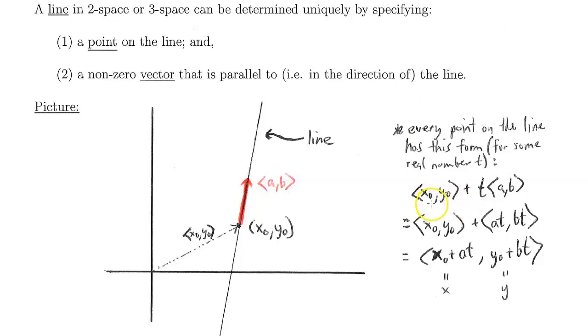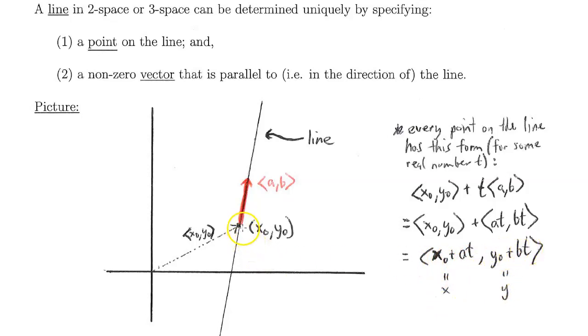But notice we could rewrite this x naught, y naught plus tAB as x naught, y naught plus at, bt. And then we can add these 2 vectors and write it as x naught plus at, comma, y naught plus bt. So notice this is the x coordinate and this is the y coordinate. And actually these are parametric equations for that line. x equals x naught plus at, y equals y naught plus bt.